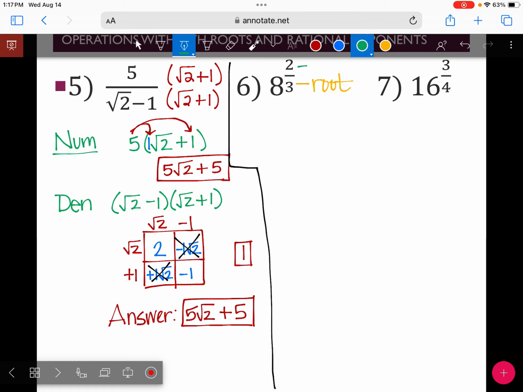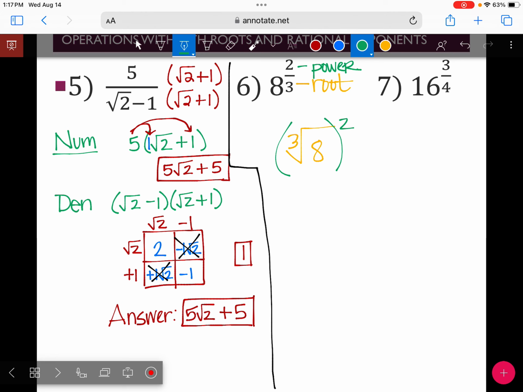And the 2 is my power. So generally we do the root first. So I'm going to start off by taking the cube root of 8. And then I'm going to take whatever I get and square it.